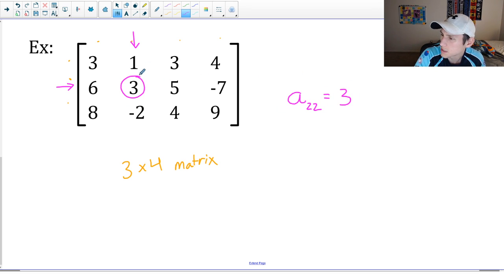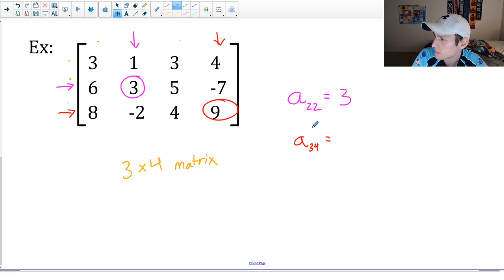So I would call this spot a_22. Or let's say I wanted to know what is in the a_34 spot. Well, I look at this first number is a 3, so that must mean the third row. The second number is a 4, the fourth column. So where do those two lines hit? 9.